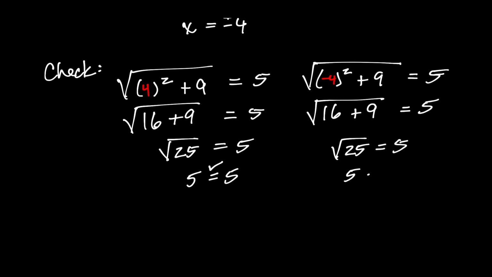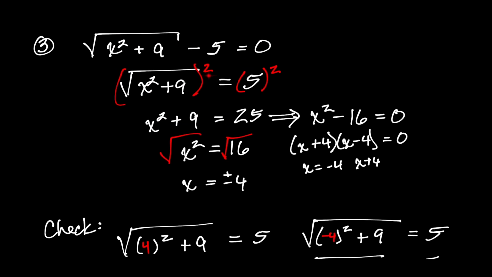That is a solution. So this shows that both positive 4 and negative 4 are indeed solutions. Sometimes you have to check both, but we knew they were both going to work because, as we said at the beginning, when you square both sides of an equation, both solutions will work.